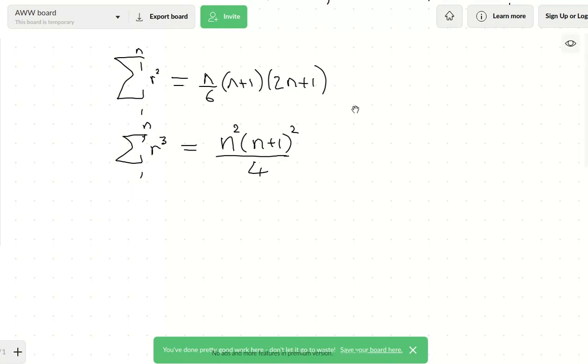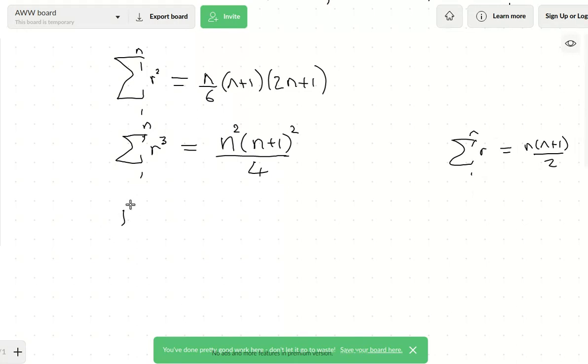Now, another thing worth pointing out is this is the square of the sum of r. Recall that the sum of r was n plus 1 over 2. Well, that squared gives me this result. That means something really interesting.